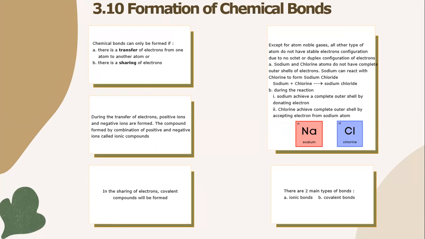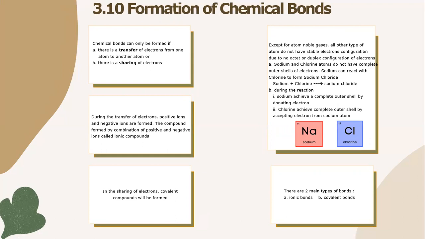During the transfer of electrons, positive ions and negative ions are formed. The compound formed by combination of positive and negative ions is called an ionic compound. In the sharing of electrons, covalent compounds will be formed.